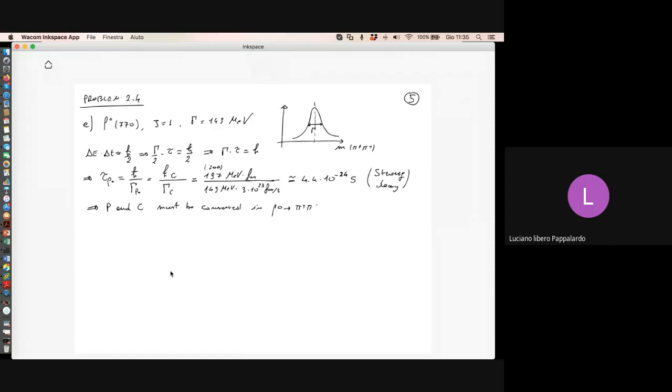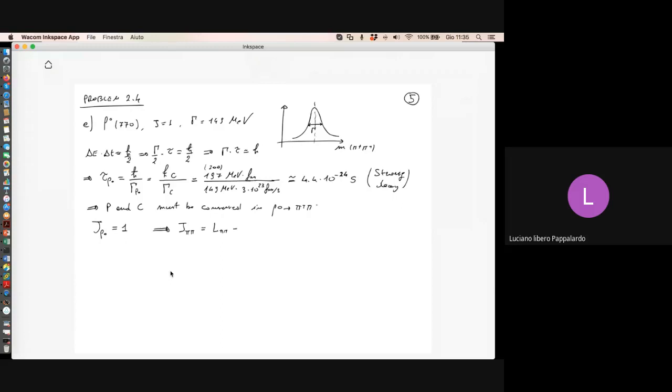So let's now try to calculate the quantum numbers. The angular momentum of the rho 0 in the initial state is 1, as we know from the data of the problem, from the text. And so, of course, we have to enforce angular momentum conservation, so the angular momentum of the final state, the pion pair, must also be equal to 1.